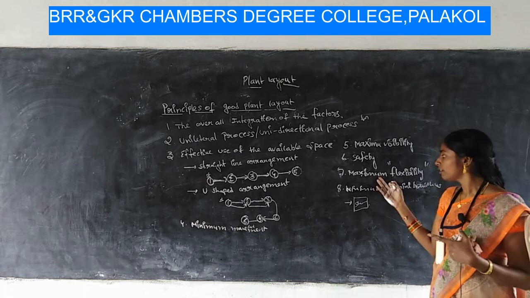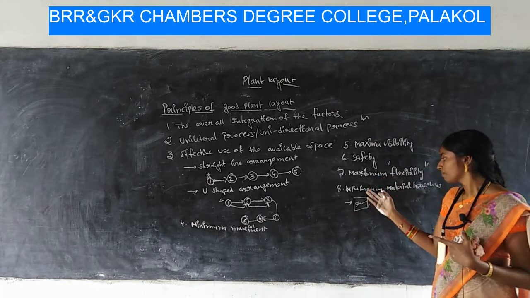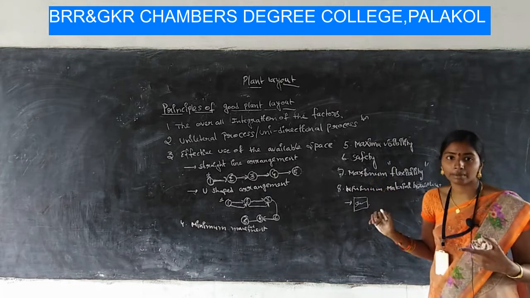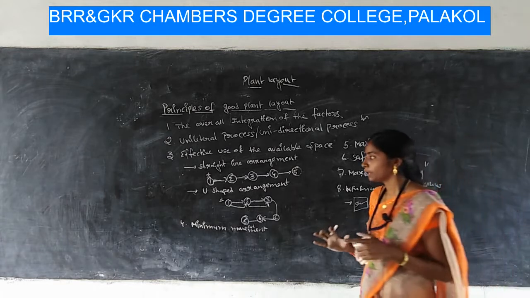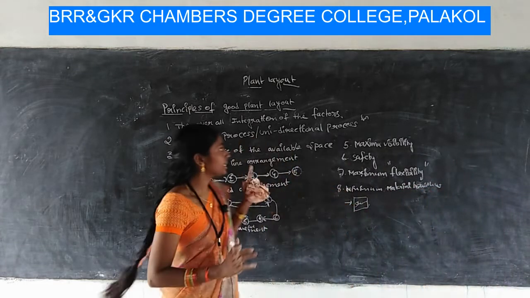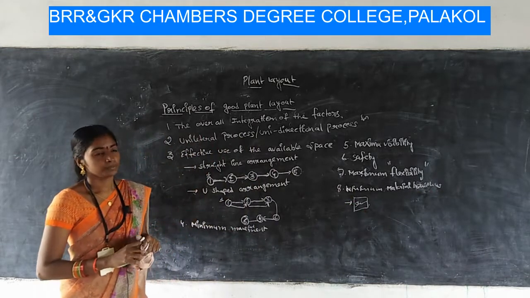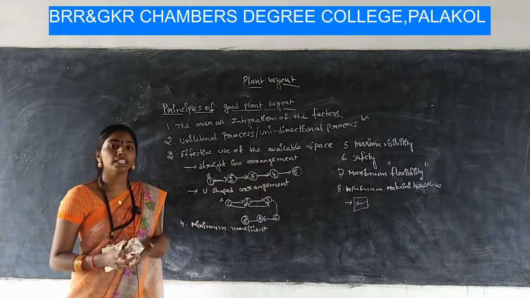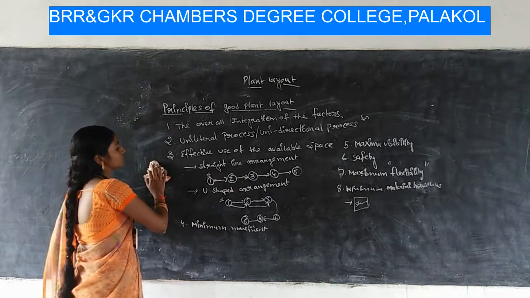So by doing this, we have to mention the flexibility in the plant layout. And minimum material handling. Material handling should be minimized in the organization to get the optimum output. So these are the principles of good plant layout. Now we are discussing what are the factors that determine the plant layout.